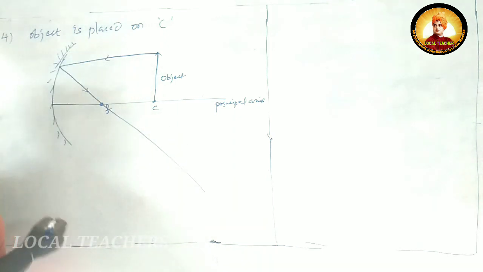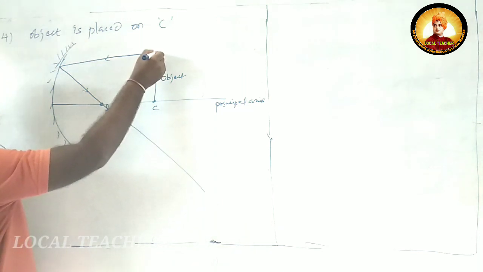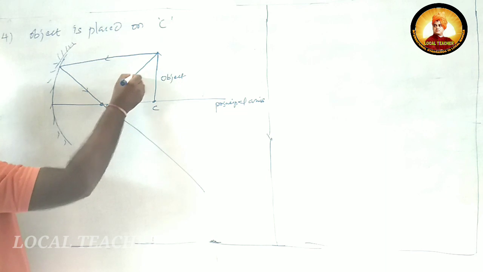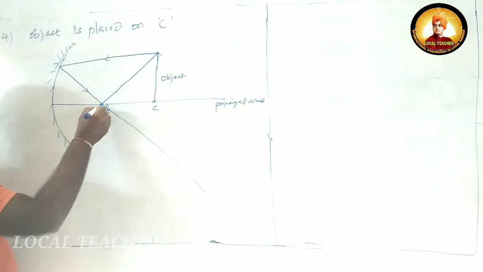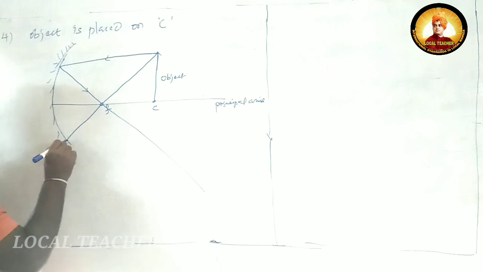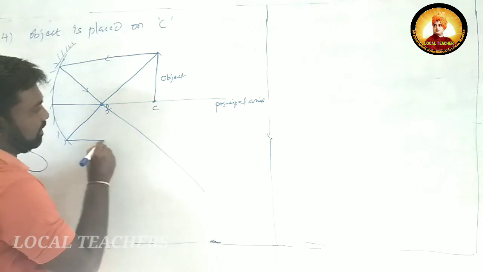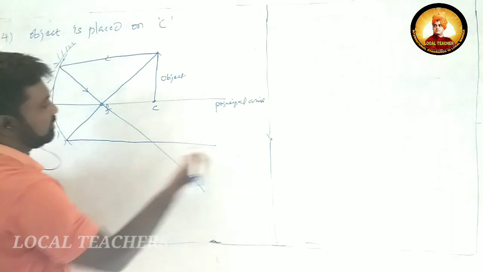Next, consider another ray from the top of the object, which passes through the focus point and is incident on the mirror. After incidence, it will reflect and travel parallel with the principal axis.